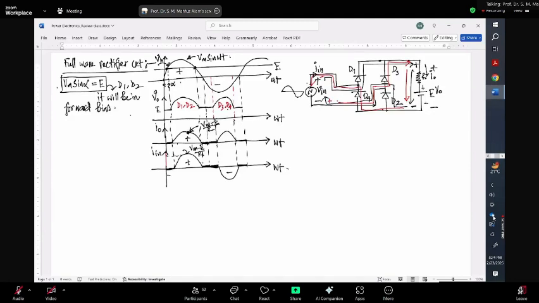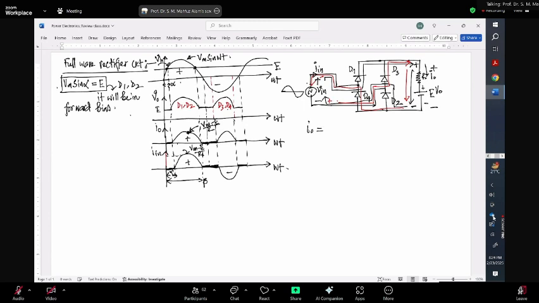So if I say this is my alpha, where this current will start going through the circuit, and this angle is my beta angle. From here to here, this is my beta angle. So what should be the current equations?